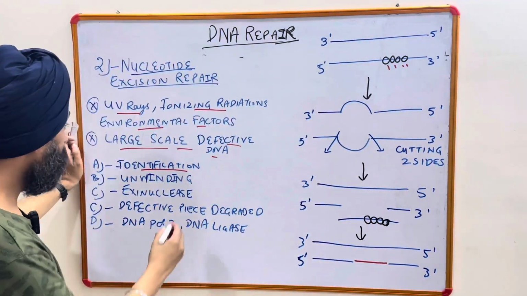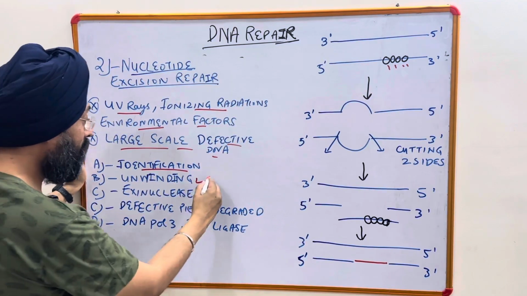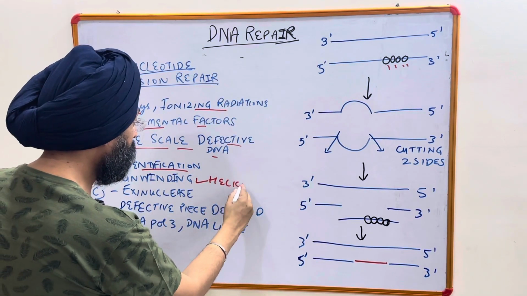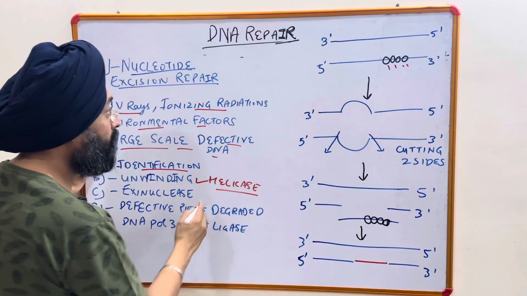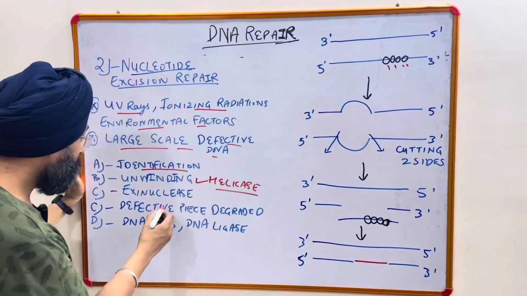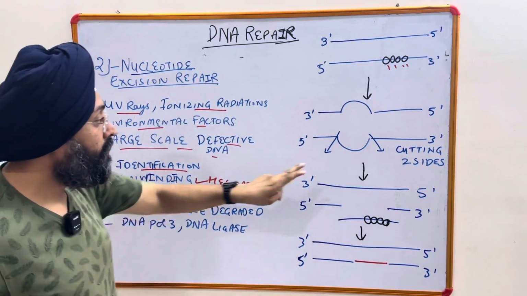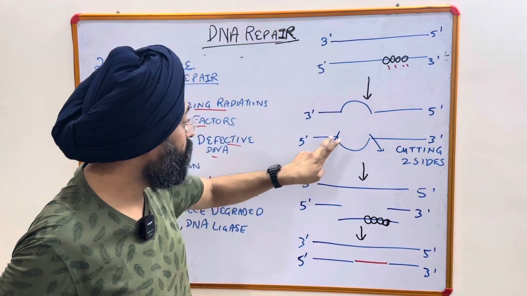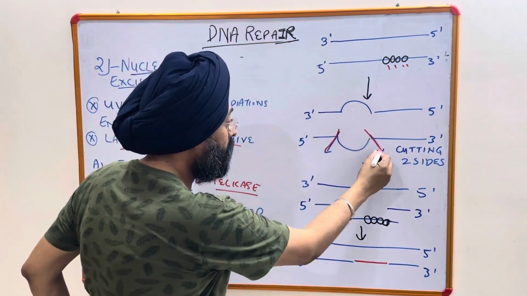The second step is unwinding, right? Unwinding is done by helicase. The DNA helicase will unwind the two strands. Then comes the role of exonuclease. The exonuclease cuts from both sides, from this side and from this side, right?